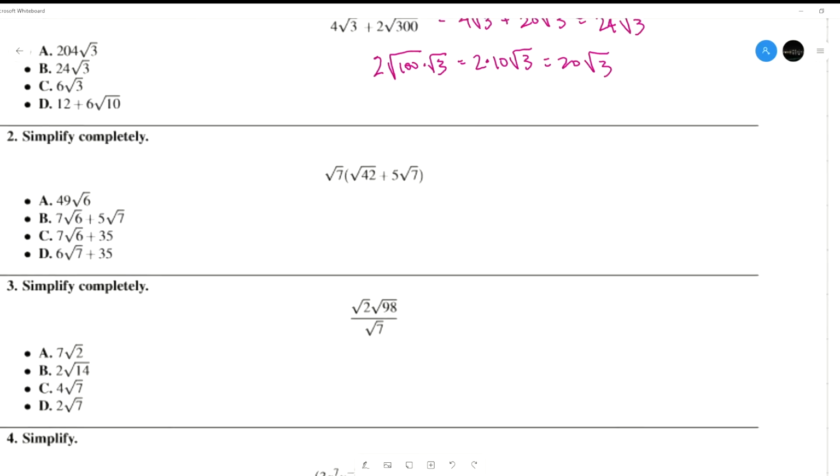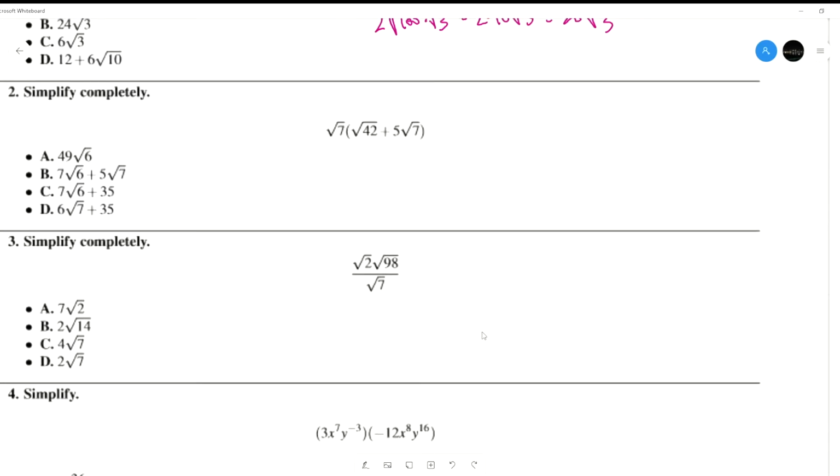Eventually, I hope if you're going to Math 6, you're really good at this stuff by hand, right? So number 2 is radical 7 distributive property, right? I like to look at it in terms of the radical 7 outside. I have to distribute this radical 7. So I see radical 42 is actually radical 7 times radical 6.